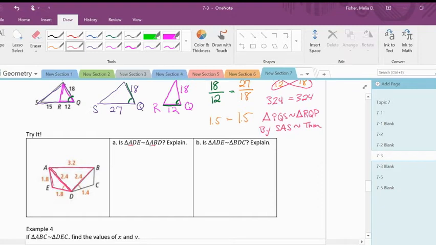AD will match up with AB. So AD is 2.4 and AB is 3.2. Then we're going to match up DE and BD. So DE is 1.8 and BD is 2.4.